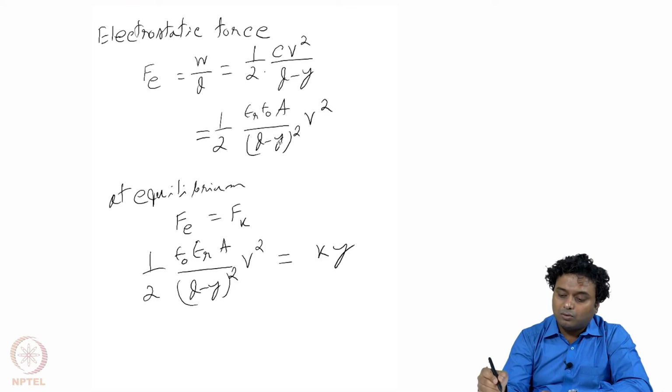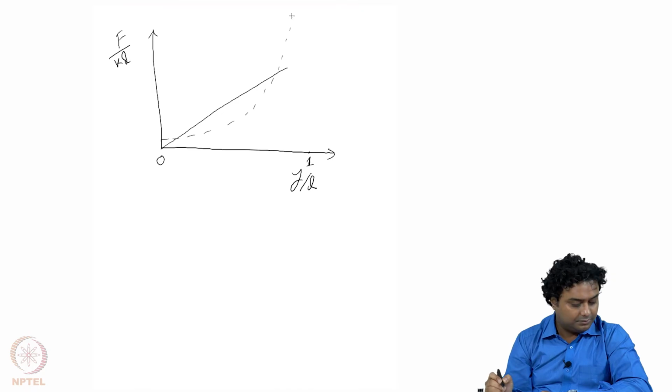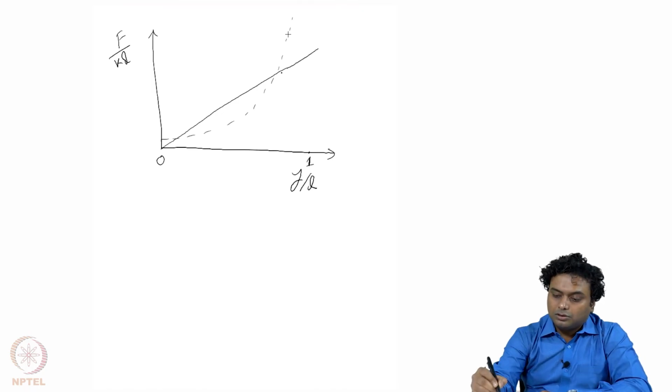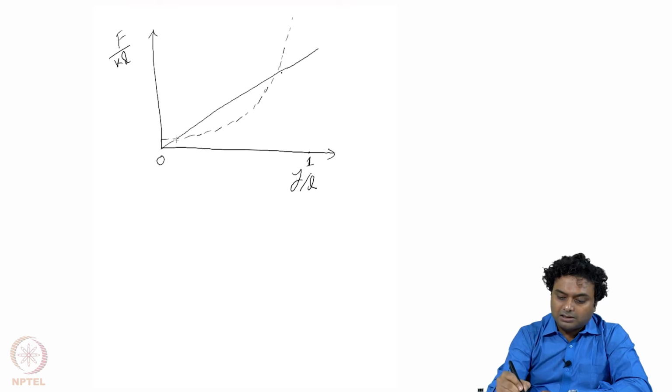As y goes down, the electrostatic force will increase more, so it will go something like this. This dotted line is my electrostatic force, and the continuous straight line is my elastic force.